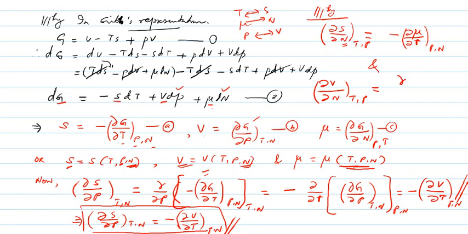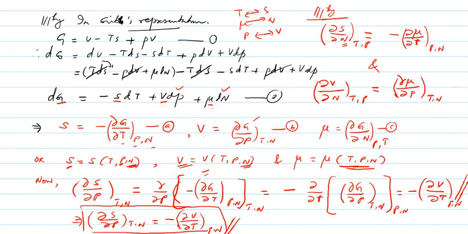You can make a prediction by yourself now. If it is N here, the numerator should be μ, and if it is V here, the denominator should be P, so that you get PV and μN on cross multiplying. And what comes out here should be with T and N constant.